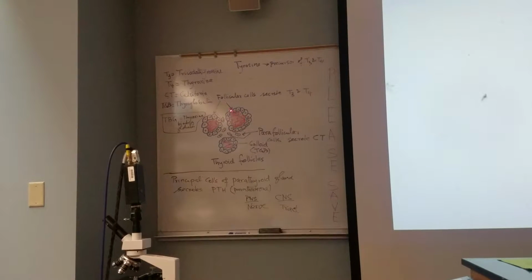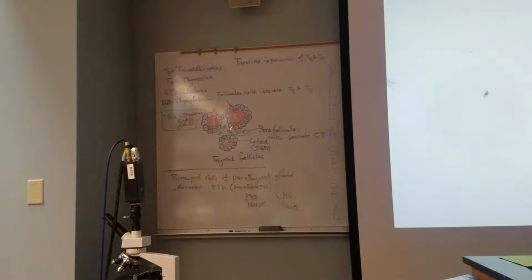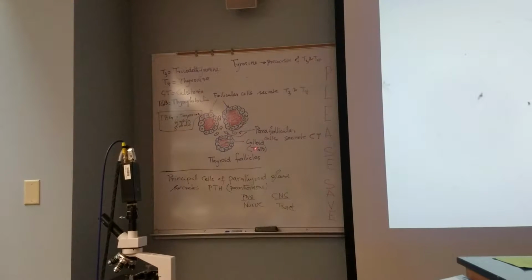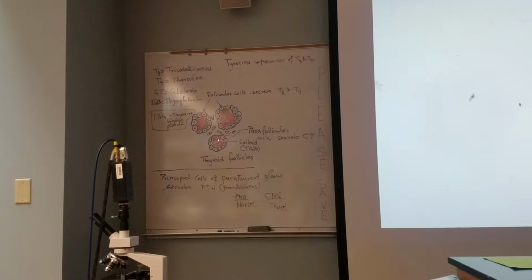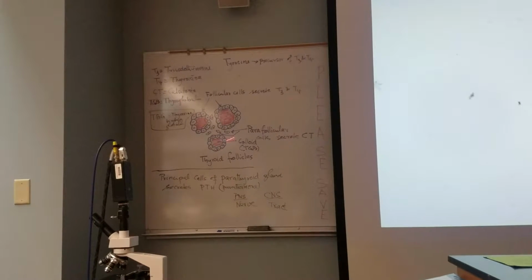In the lumen of the thyroid follicles, you will find the protein colloid, a colloidal substance containing the protein called thyroglobulin or TGB. Now this is the source of ingredient for making T3 and T4.